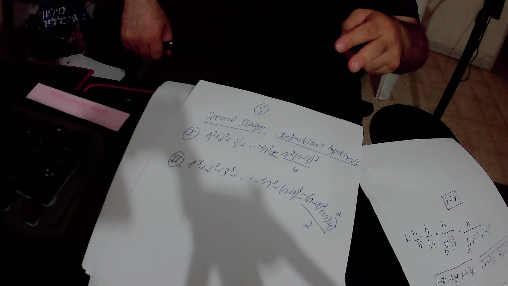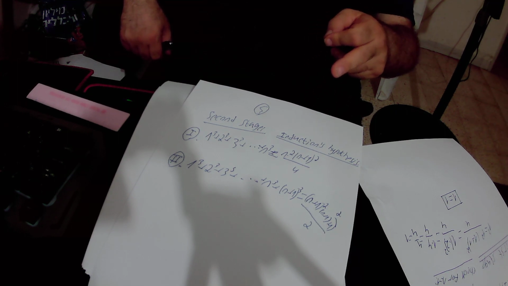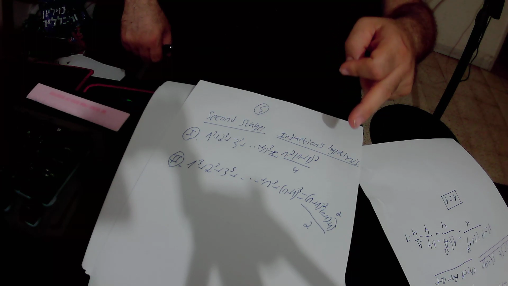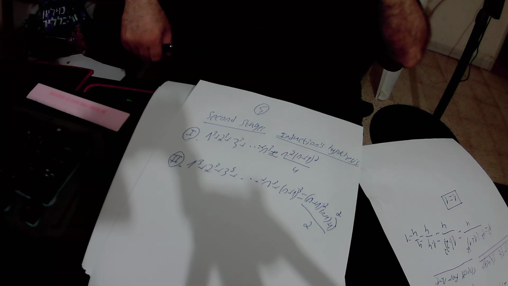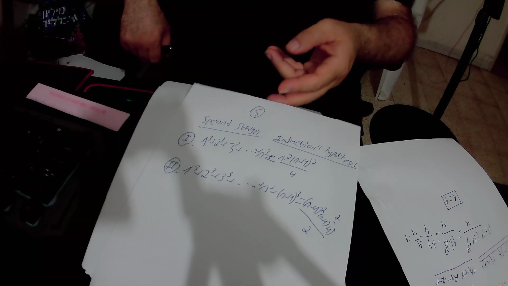We actually substituted n by n plus 1. Okay, so now we know that n plus 1 plus 1 equals n plus 2, so we write it down.